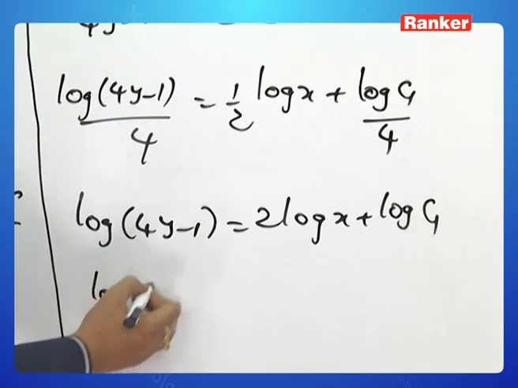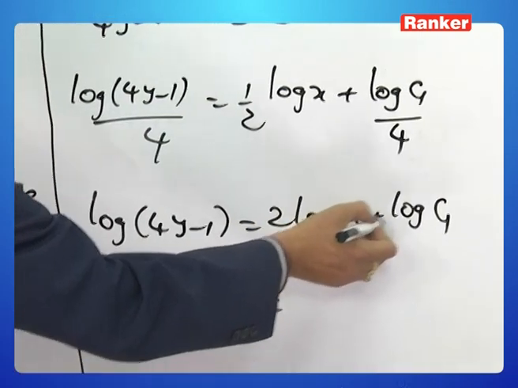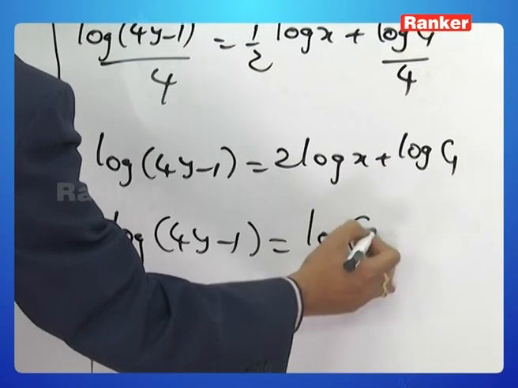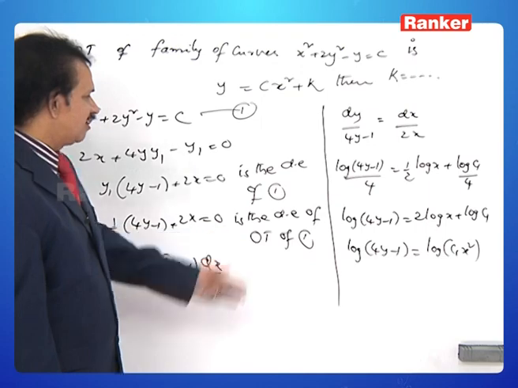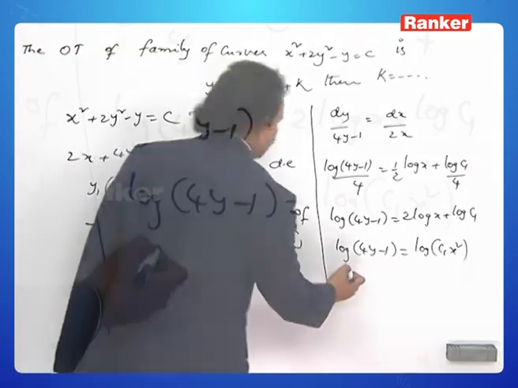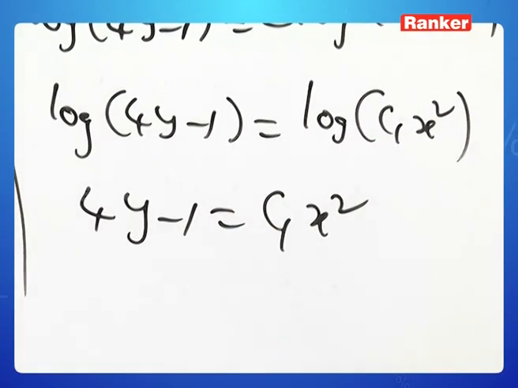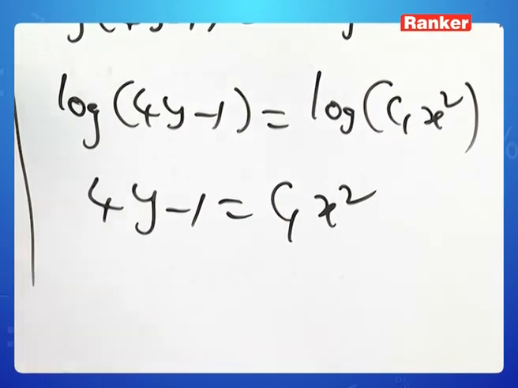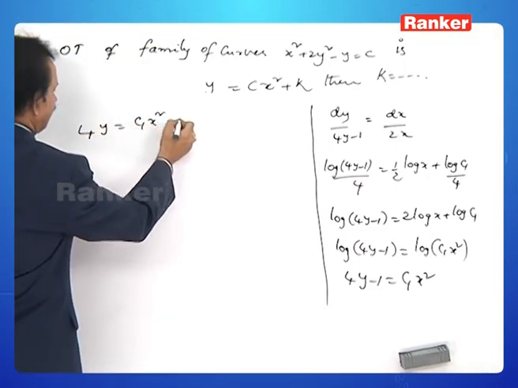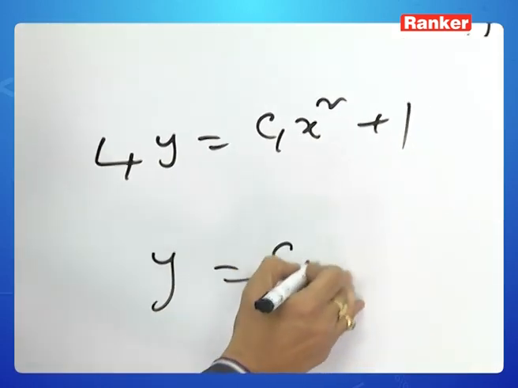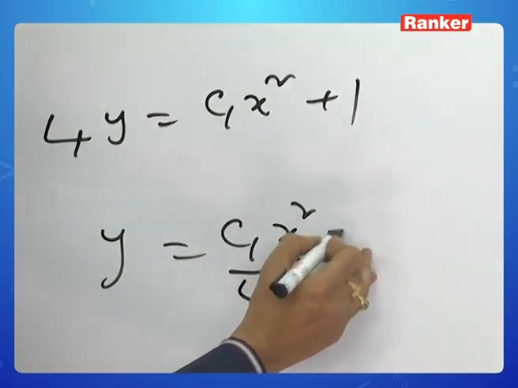Therefore, log 4y minus 1 is equal to log x square plus log c1, log c1 x square. Remove the logarithms on both the sides. You will be having 4y minus 1 is equal to c1 x square. Isn't it? Okay. From that, 4y is equal to c1 x square plus 1, or y is equal to c1 by 4 x square plus 1 by 4.